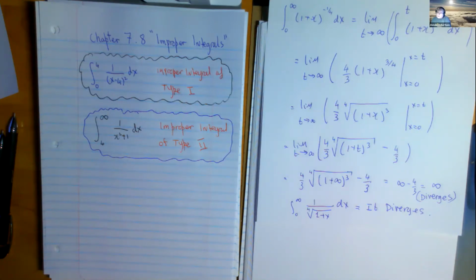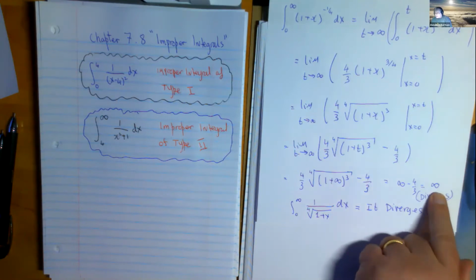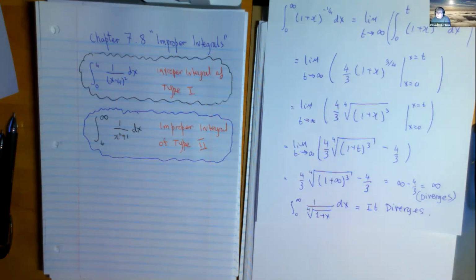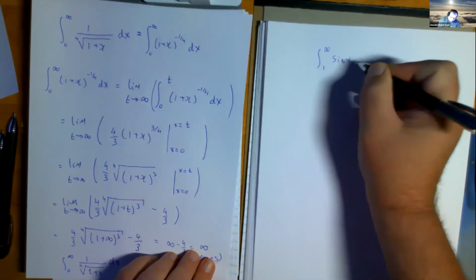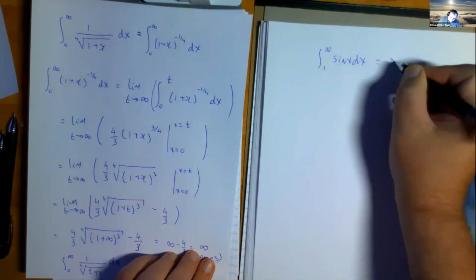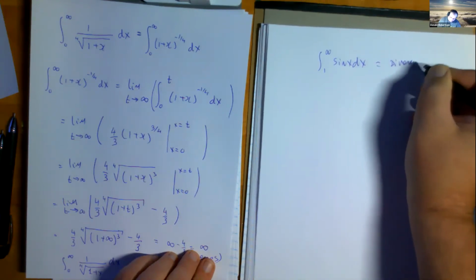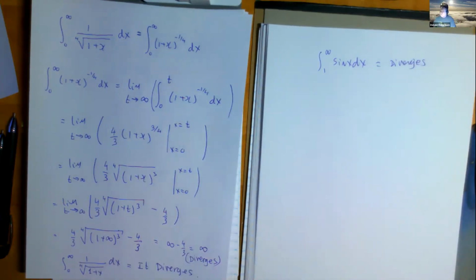And if it's sine x, you say it diverges as well, not because it's infinite, but because the limit doesn't exist. So anything that doesn't end up being a number diverges. And there's a couple of different ways to diverge. Most common is infinite. But suppose I went and said to you, the integral from 1 to infinity of sine x dx, wouldn't that also be diverges?